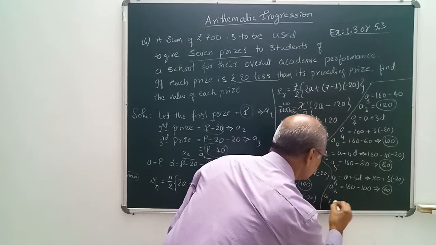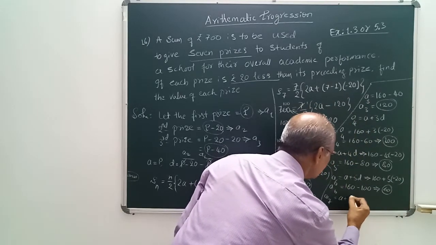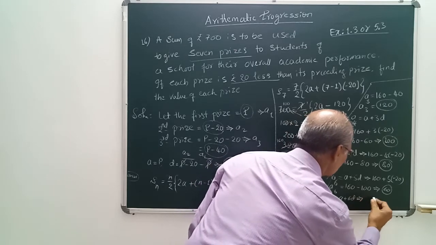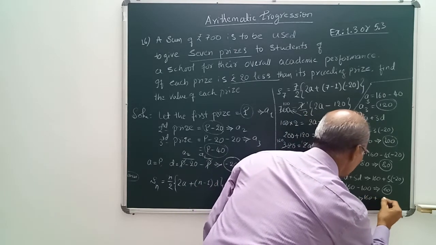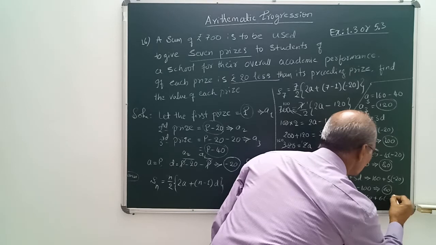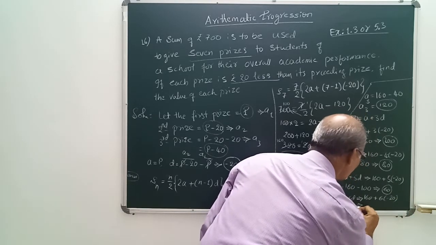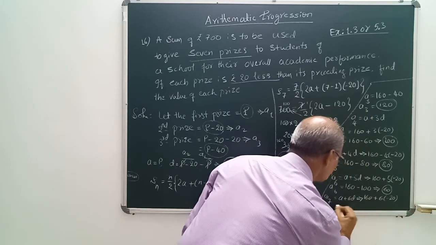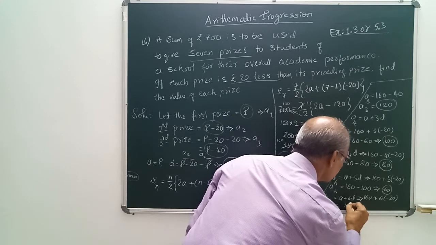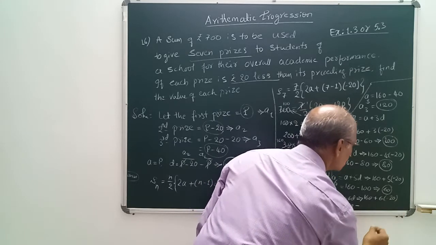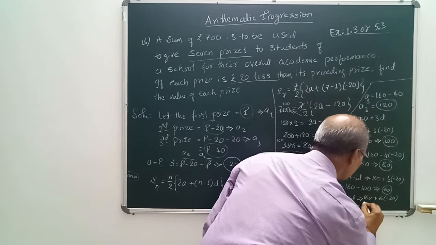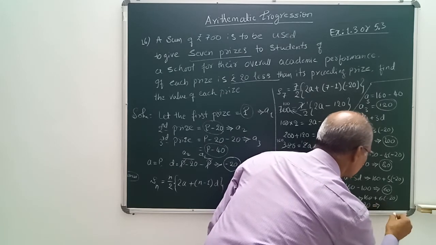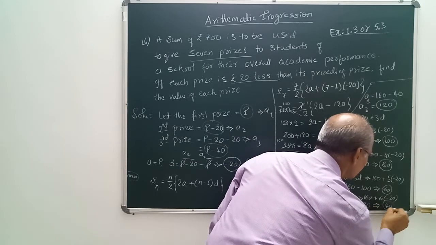Lastly, A7 is equal to a plus 6d, which is equal to 160 plus 6 into minus 20. Here I write 160 minus 6 twos are 120. That means the answer is 40.